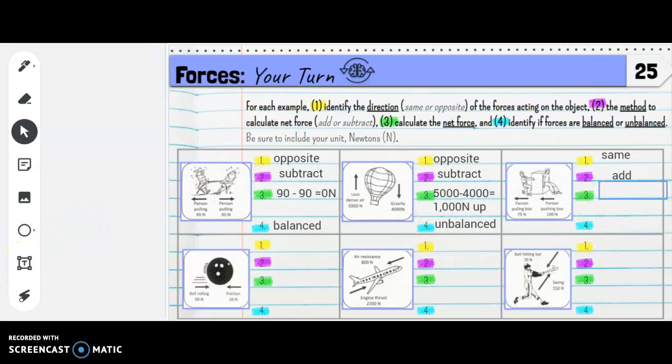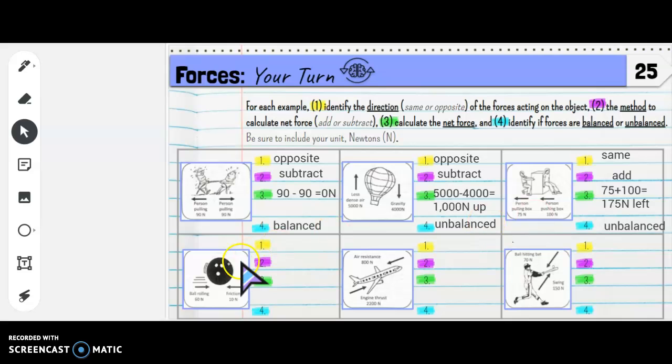So for 3, we'll actually go ahead and calculate. We have 75 newtons plus 100 newtons, which equals 175 newtons. And since this answer is not 0, we need to include a direction, and the direction that the arrows are pointing is the left. So our answer is 175 newtons left. And again, since this answer is not 0, that means in this example, the forces are unbalanced.